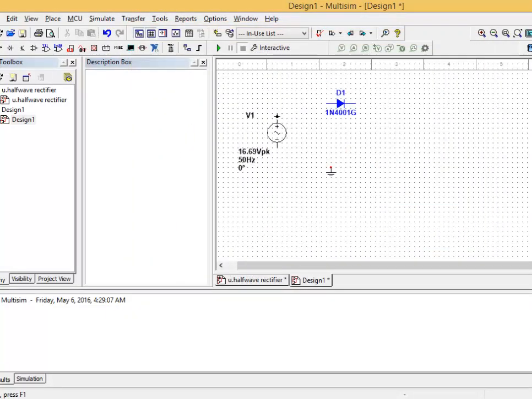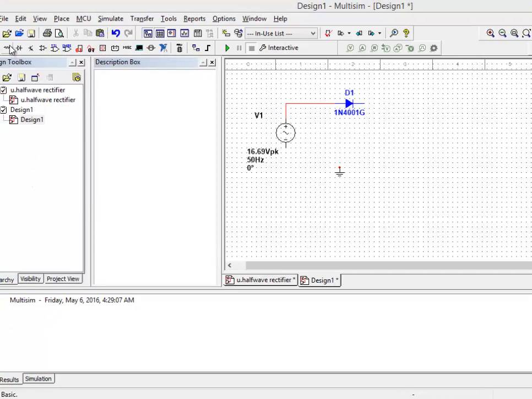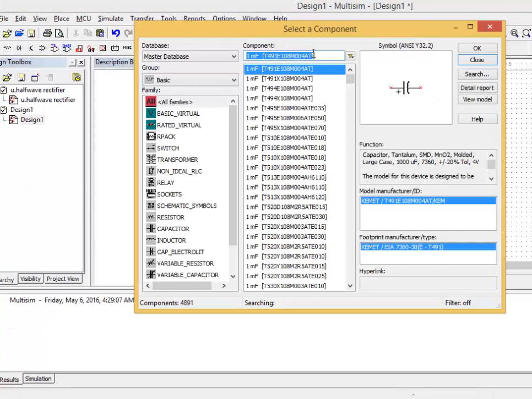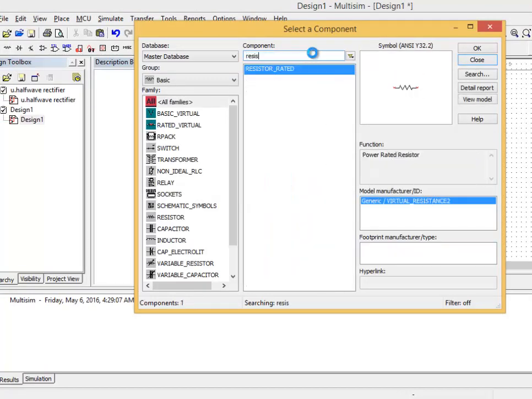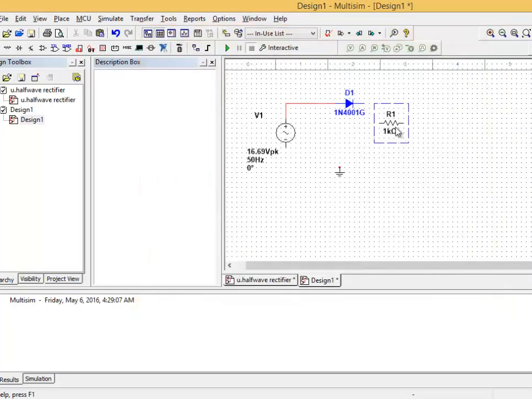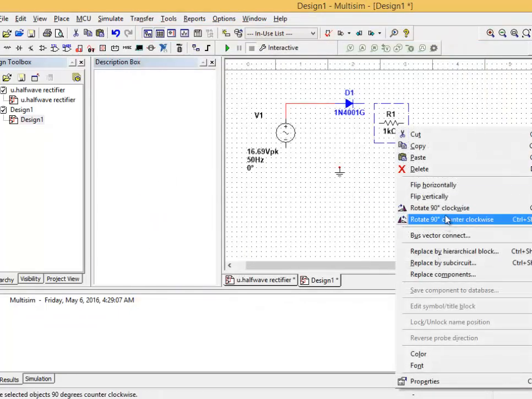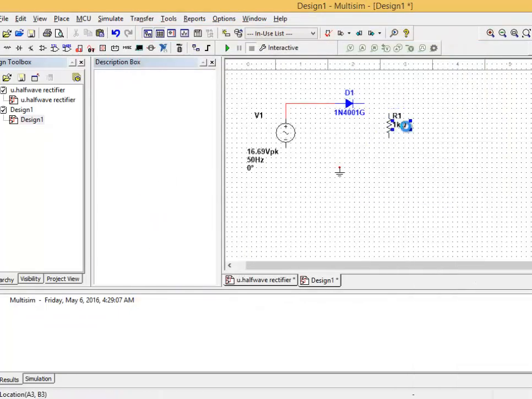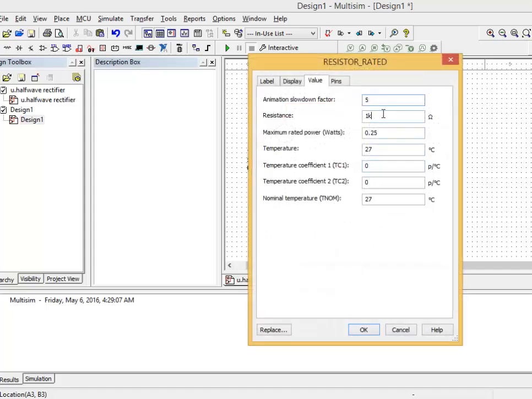The positive terminal of the AC source would be connected to the positive terminal of the diode, and the negative terminal of the diode would be connected to the 10 kilo ohm resistor. It is convenient to rotate it right here. Now the value as it was defined should be 10 kilo ohm.